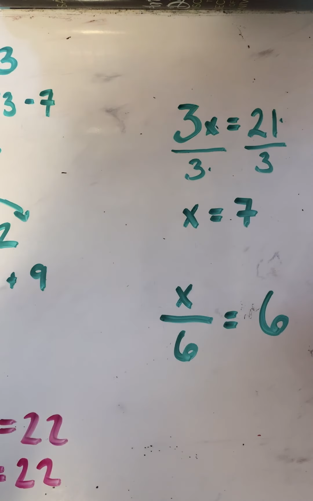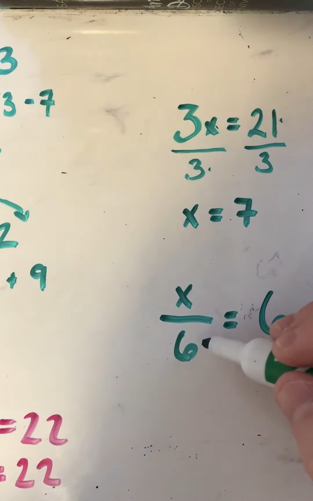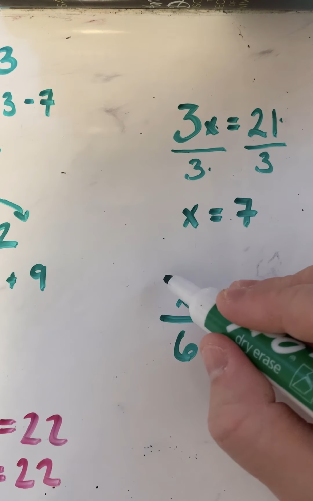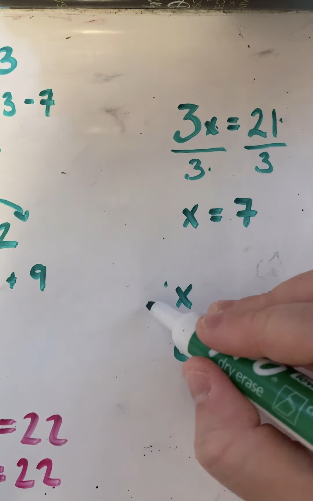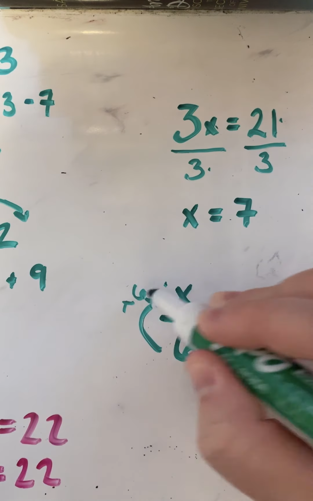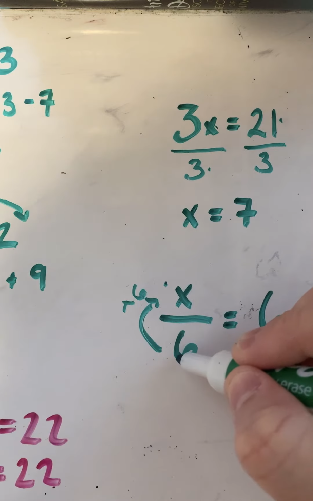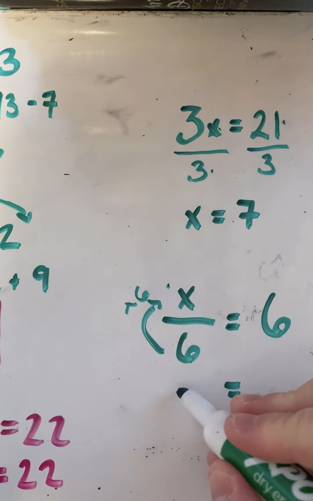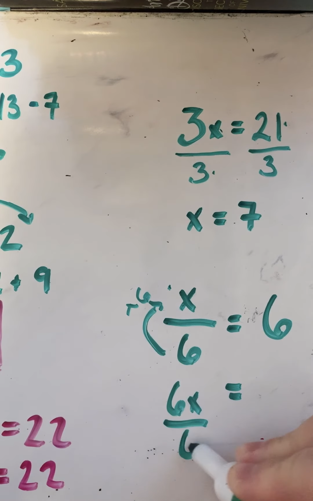In this case, in order to work backwards from division, we're going to use multiplication. We're going to multiply the x by 6, because then it will be 6x divided by 6. That's something not a lot of people see often when they do division.